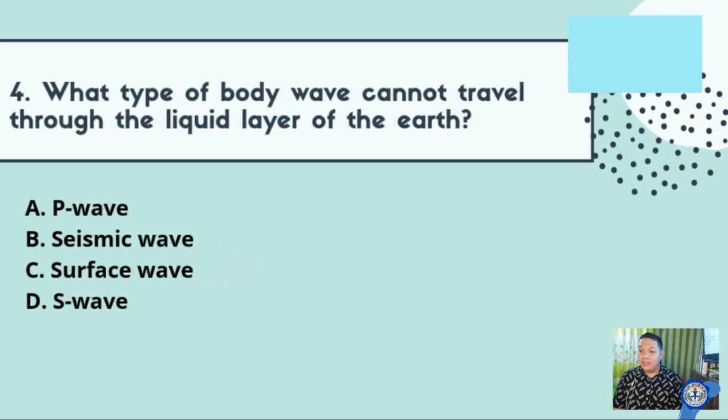What type of body wave cannot travel through the liquid layer of the Earth? Letter A, P wave. Letter B, seismic wave. Letter C, surface wave. Letter D, S wave. Your timer starts now.